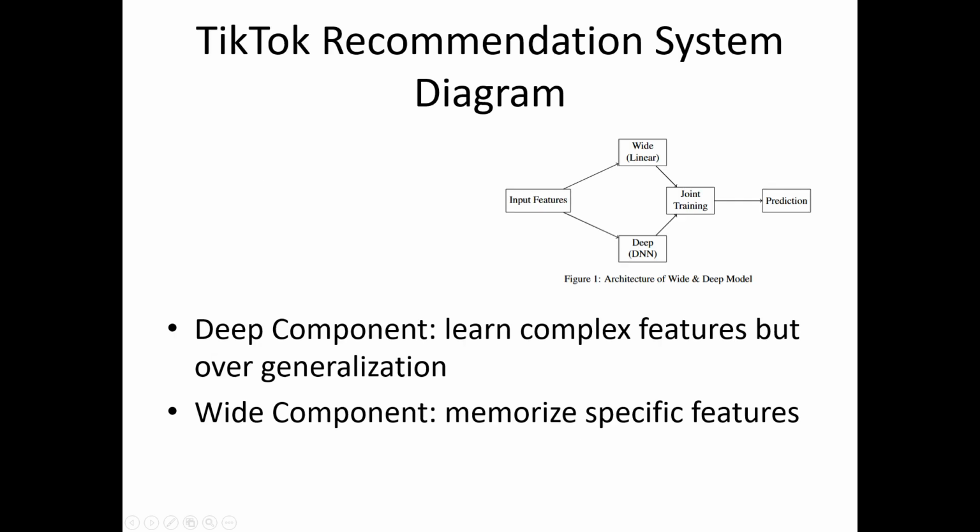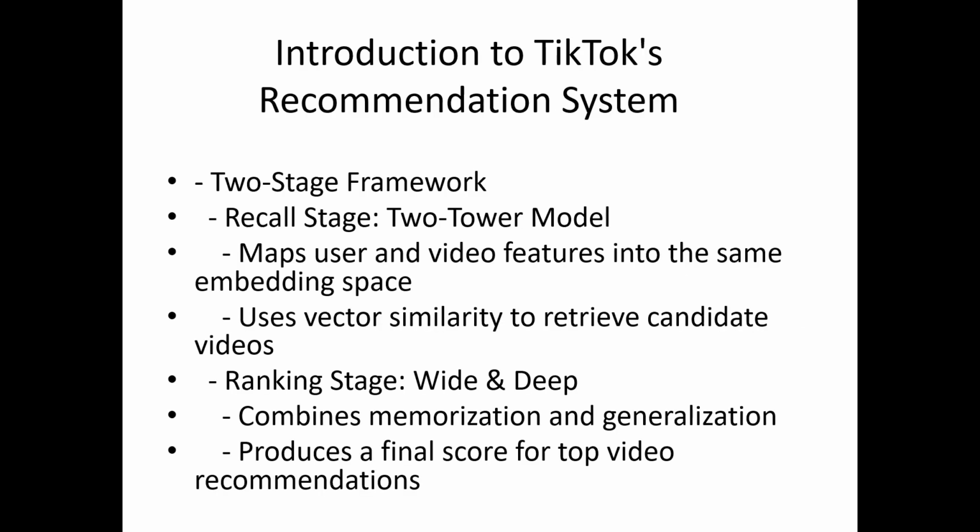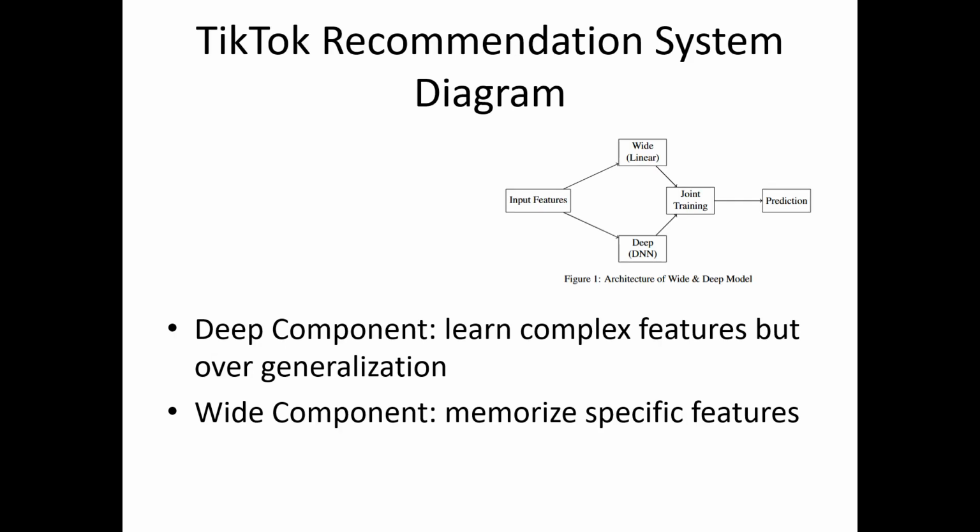However, since its outputs are always non-zero, it can sometimes overgeneralize and treat unrelated features as if they are relevant. That's why the wide component is introduced. This linear model can memorize specific feature combinations, thus addressing those overgeneralization problems effectively.